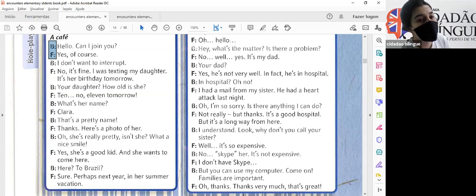No, 11 tomorrow. What's her name? Clara. That's a pretty name. Thanks. Here's a photo of her. Oh, she's really pretty. Yes, she's a good kid, and she wants to come here. Here? To Brazil? Sure, perhaps next year, in her summer vacation.